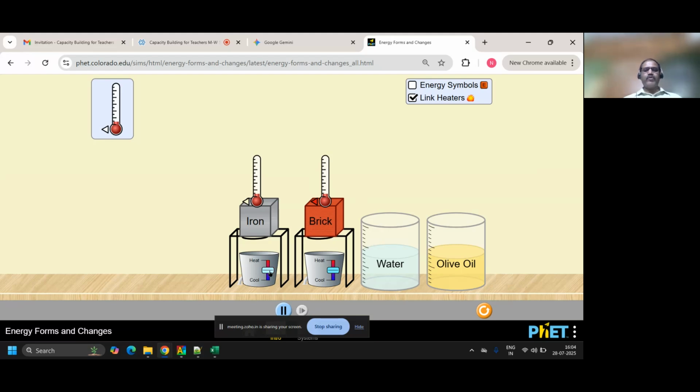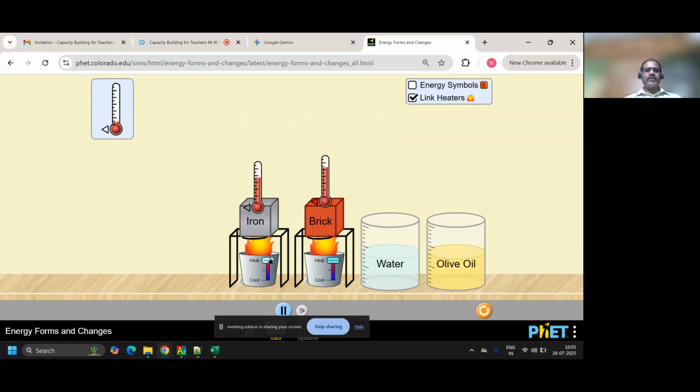Now what I am going to do is heat it. I am heating both. When I am heating both, the temperature increases. Actually, I should have pressed this thermometer, because I put it slightly away, so it was not increasing.